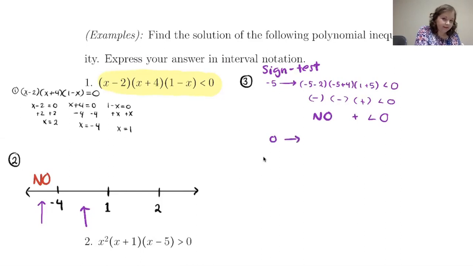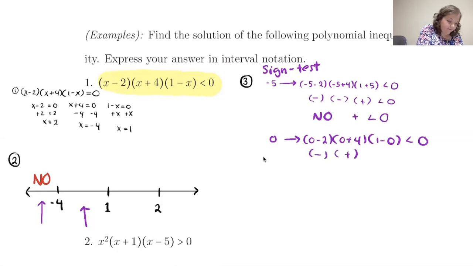Okay, so if we plug in 0, we get 0 minus 2, 0 plus 4, and 1 minus 0 less than 0. Okay, so this first one, 0 minus 2 is negative. 0 plus 4 is positive, and 1 minus 0 is positive.